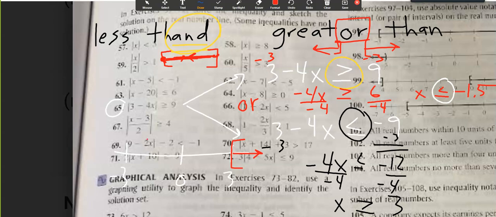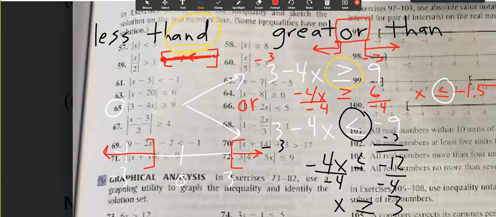And at -1.5 with a bracket going that way. Now, if the equal to's are not there, then obviously those are parentheses. But you already know that because you corrected me the last time. I did want to show you one of those because it does kind of split like that.